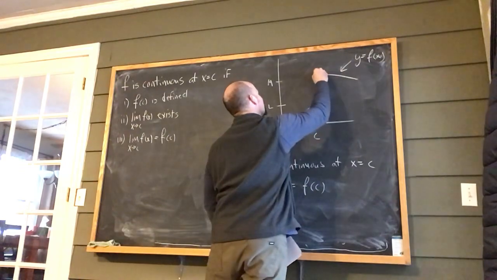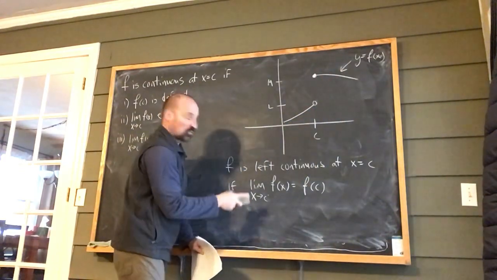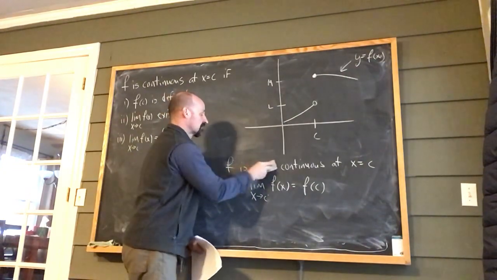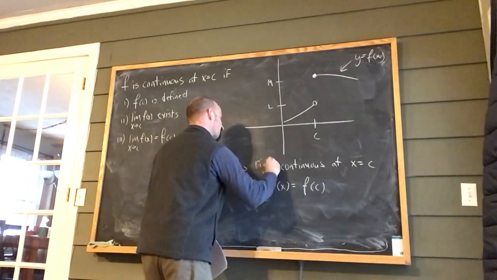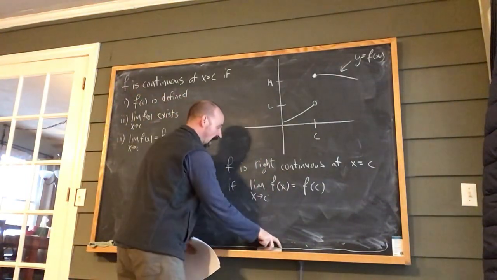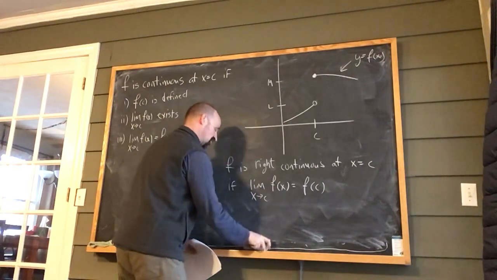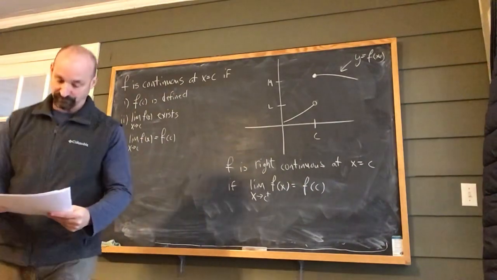So it would look like this. So f is right continuous at x equals c if the limit as x approaches c from the right is equal to the function value.